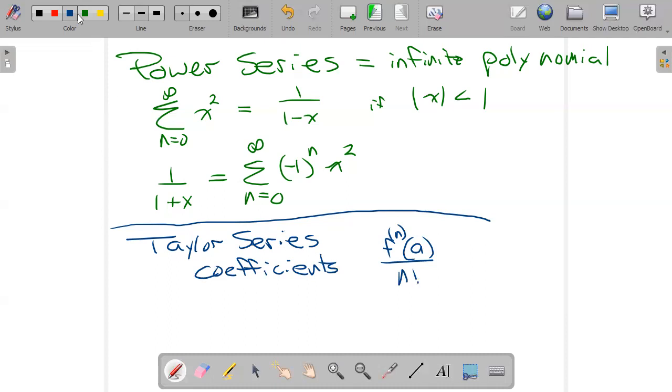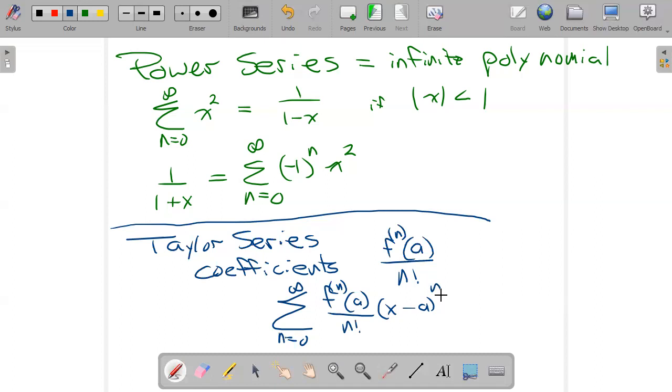And this was a new way to generate series. So a general Taylor series looks like the sum as n goes from 0 to infinity of the nth derivative evaluated at a, divided by n factorial, times x minus a, whatever central x value we pick, to the power n. And with that, we found series for e to the x. We found series for the sine of x, the cosine of x, and we extended those to other functions.